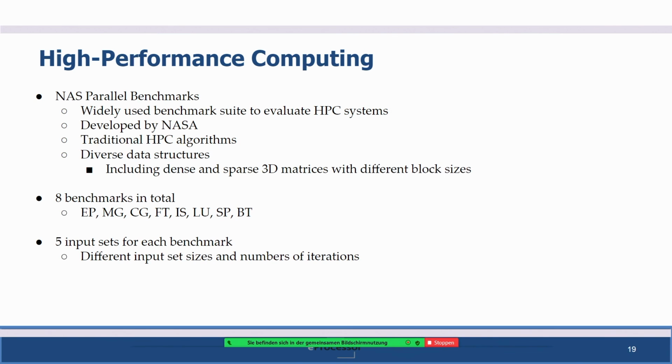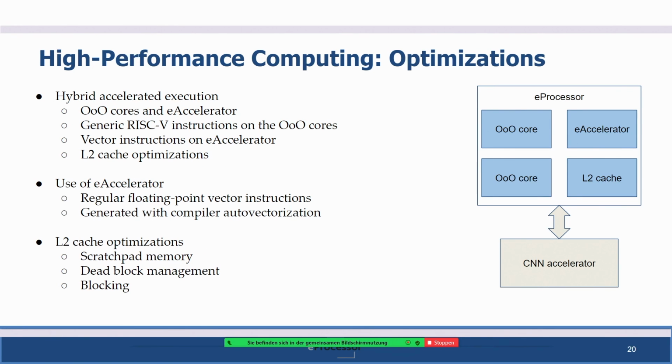In the next slide, the idea for porting and optimizing these applications in the eProcessor, basically, again, we're going to use the out-of-order cores and the accelerator. And we're going to test the L2 cache optimizations here as well.